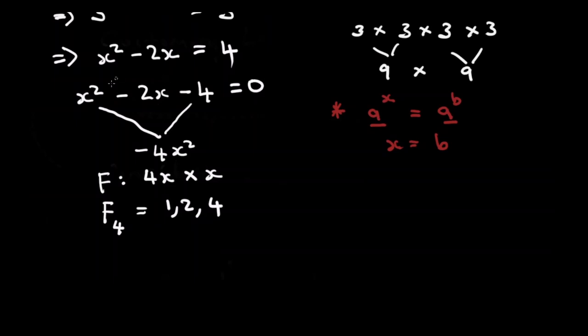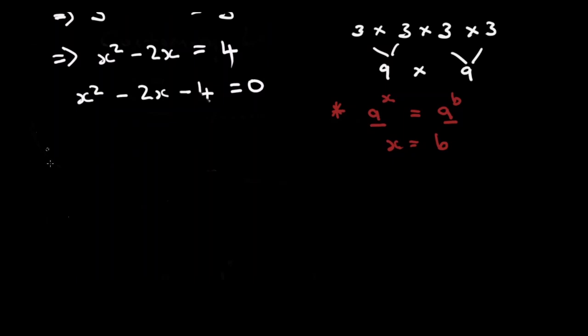But to satisfy the second requirement, that these factors must be able to add or subtract to give us this middle term, we cannot satisfy that with factorization. This means that this solution, we are going nowhere. So rather, we are going to use the quadratic formula.